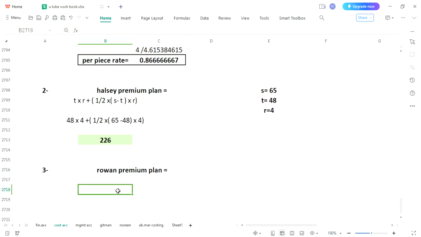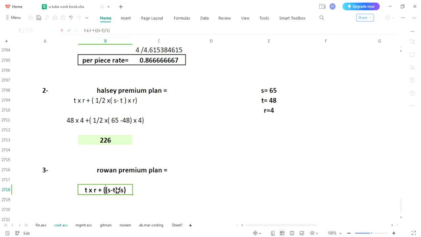The formula starts with T, and it would be multiplied with R, and then you will put plus, bracket will open, S minus T, bracket close, it would be divided by S, again bracket closed.